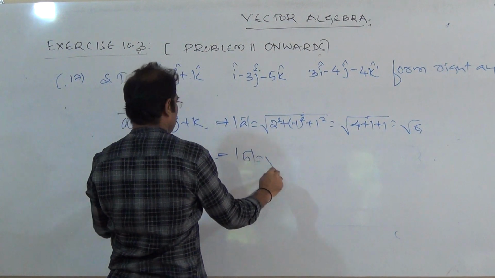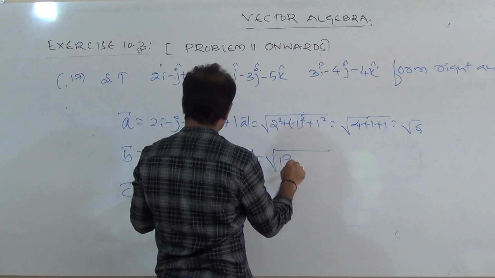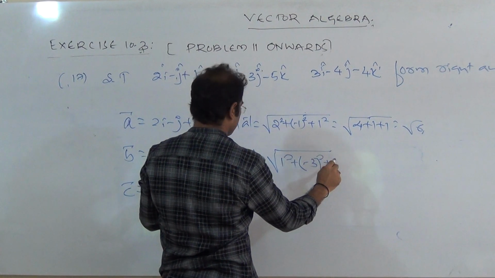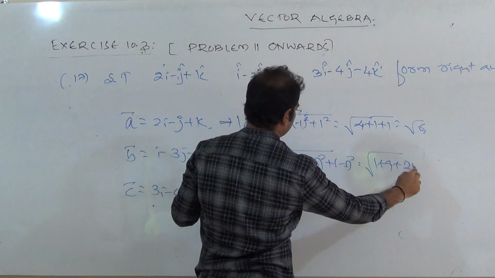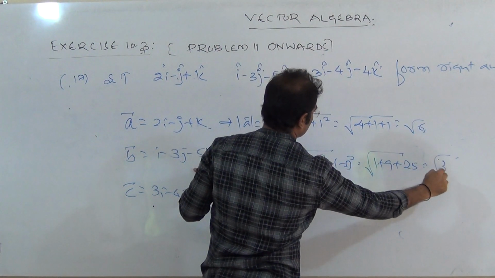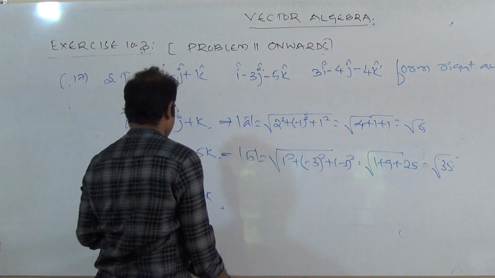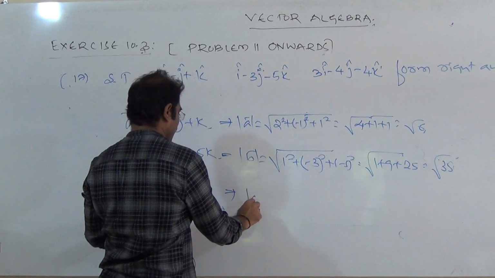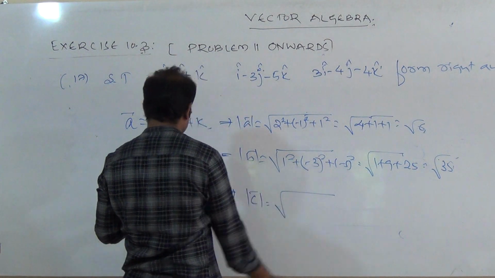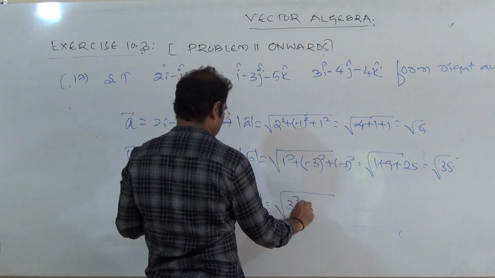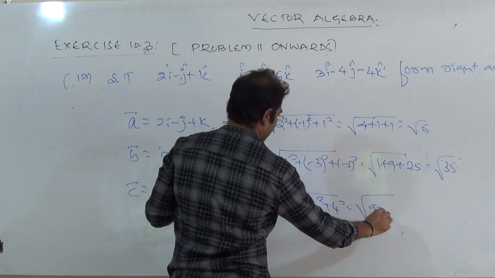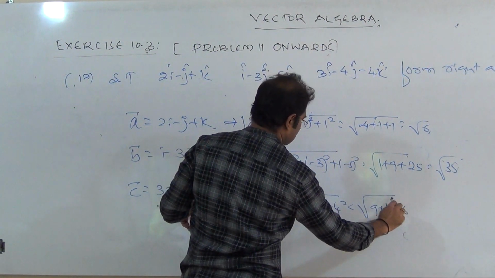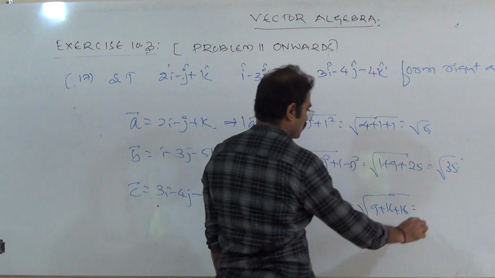Magnitude of B is equal to square root of 1 squared plus minus 3 squared plus minus 5 squared, that is 1 plus 9 plus 25, equal to root of 35. Magnitude of C is equal to square root of 3 squared plus 4 squared plus 4 squared, that is 9 plus 16 plus 16, equal to 41, root of 41.